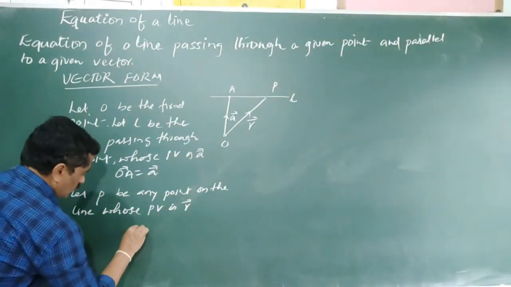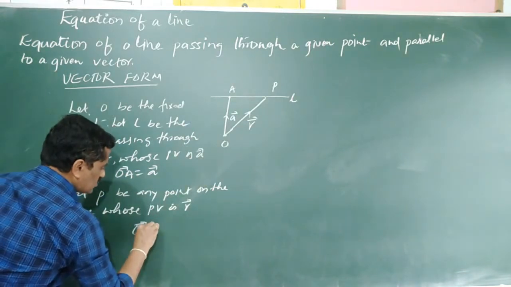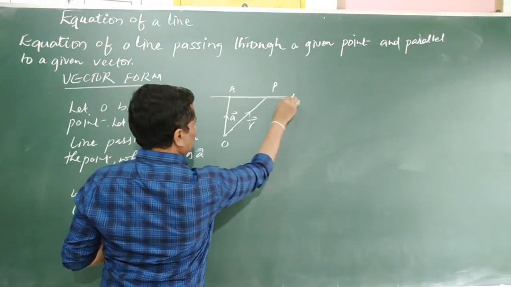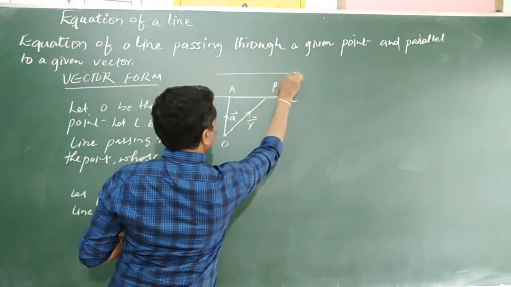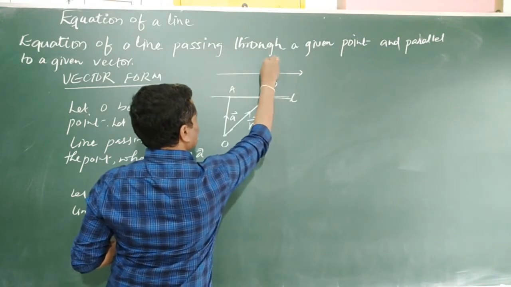Then we have OP bar equals R bar. Similarly, this line will be parallel to a given vector B bar.